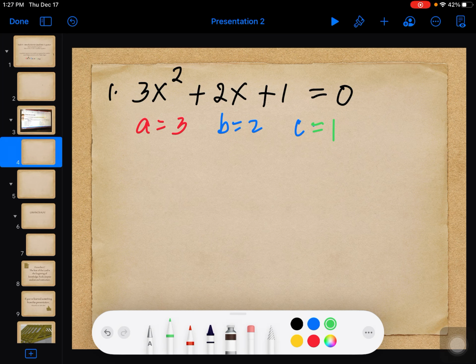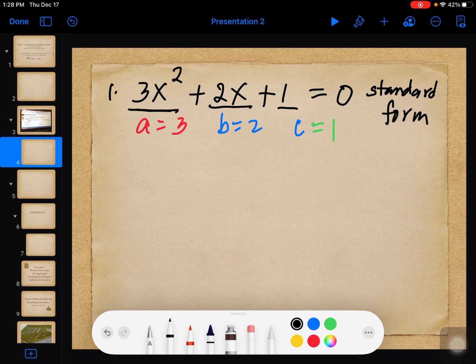Next, let's have another example because that is very easy. You see, they were arranged in descending order from the second degree term to the first degree term to the constant term because it is written in standard form.